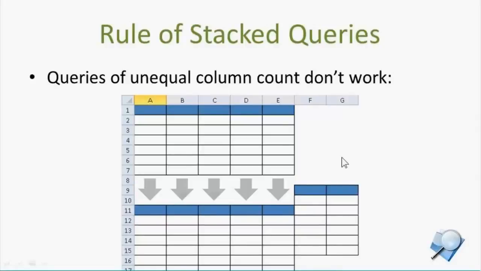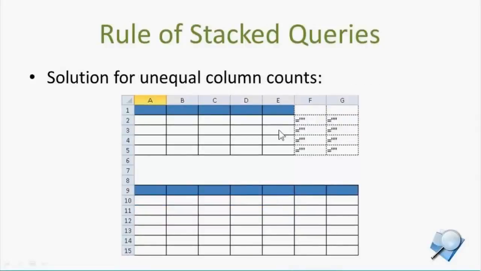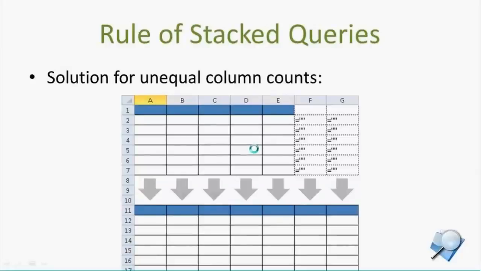The easiest way to avoid it is to extend the bounds of that top query. Equal double quote returns a blank. You don't even see it on the screen, but it's still a formula, and it's adjacent to the query. So it's considered to be part of the query now. So when that query expands, it pushes down the queries below it as you would want.